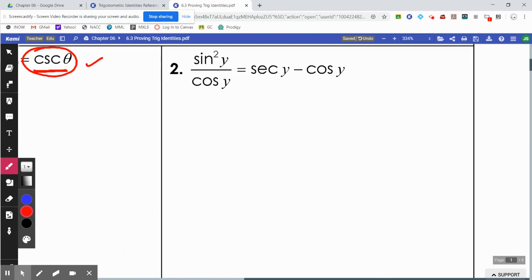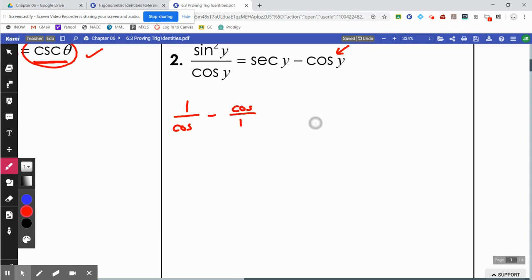The second one. Now, the more complicated side, really on this one, it could be either side. I'm going to work with my right side. I have secant, which I know is 1 over cosine, minus cosine, which is cosine over 1.